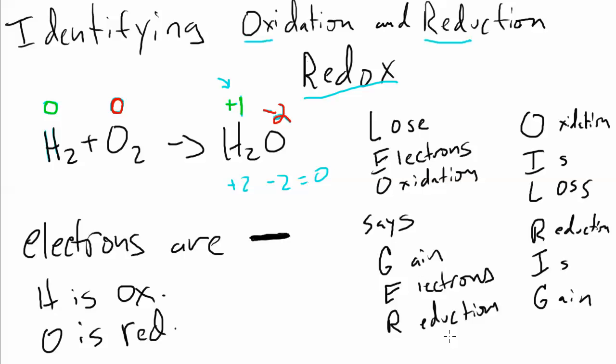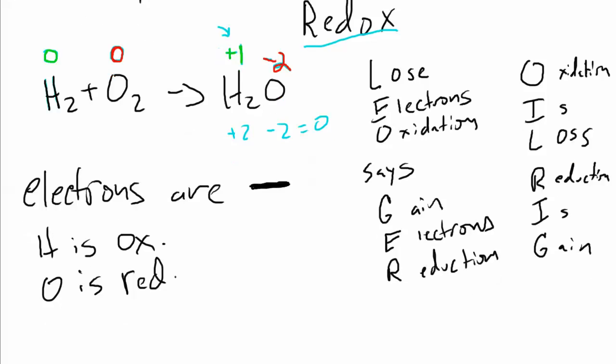Let's do another, maybe more complex example. So I'm just going to scroll down here a little bit and scroll back up if we need to. But let's say we've got some copper sulfide, and we react that with some HNO3, which is nitric acid.